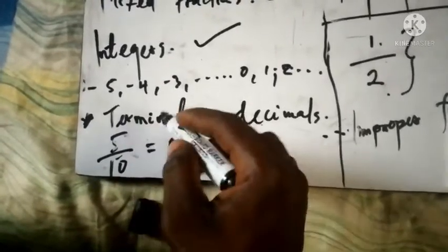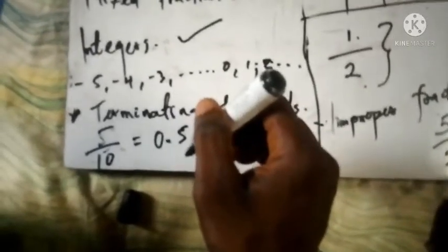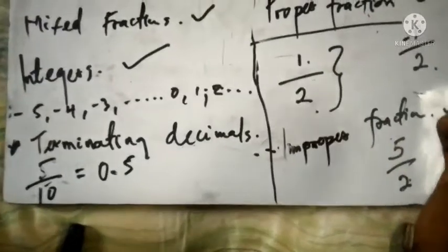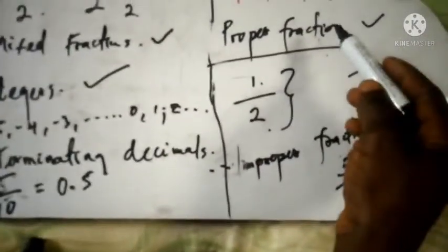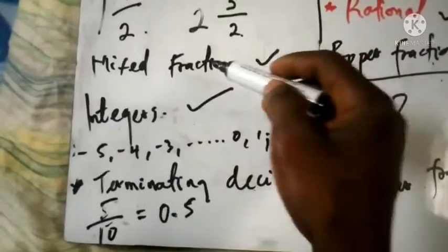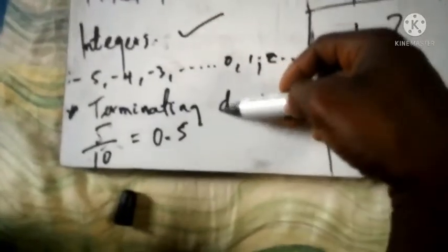Is that okay? And then finally I have recurring decimals. So now rational numbers give birth to how many children? Let's say 1, and then 2, followed by a mixed fraction, and then integers, as well as terminating decimals.